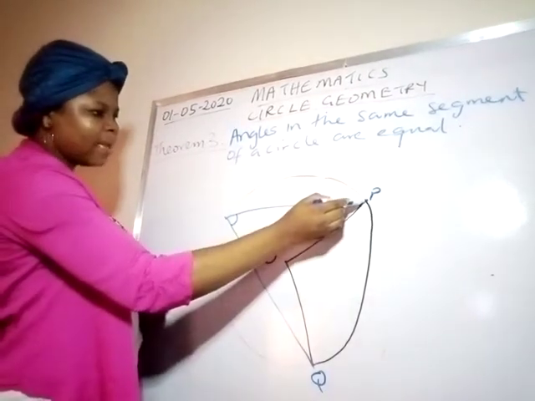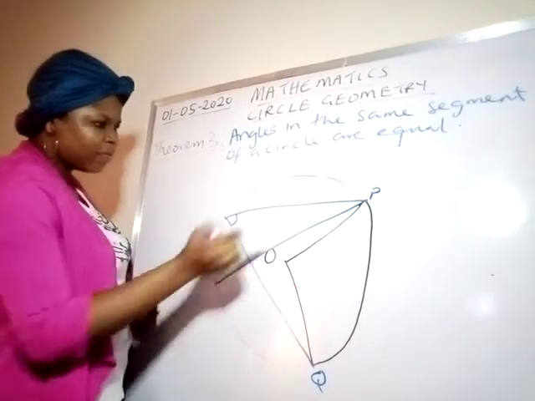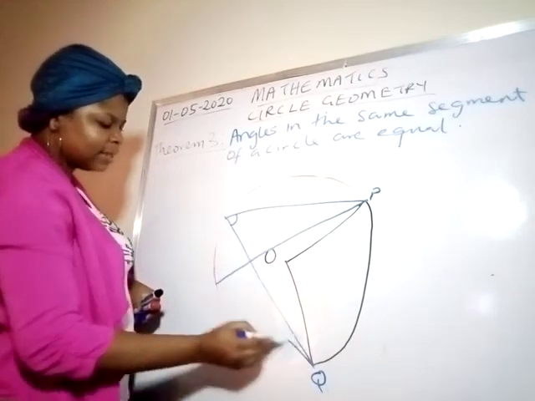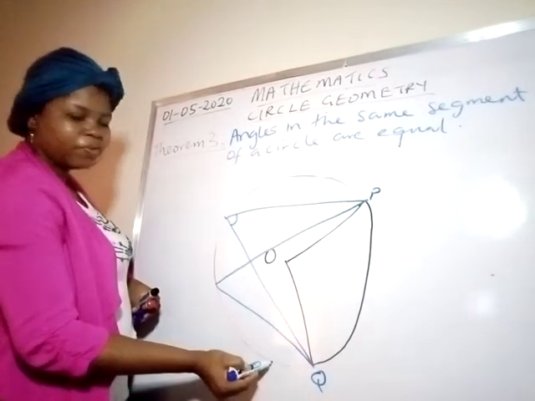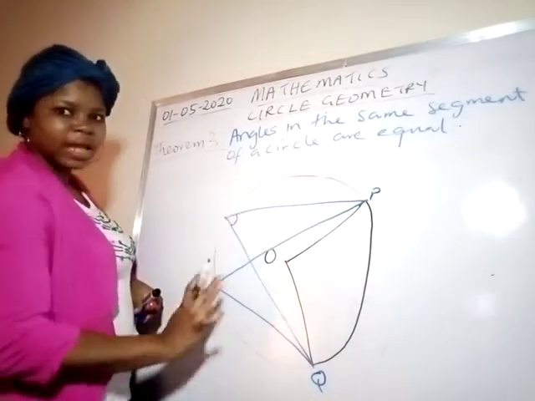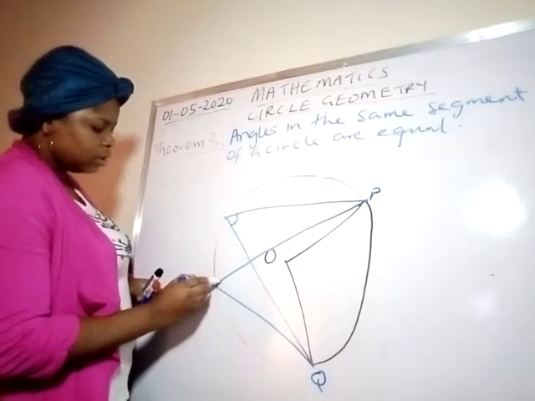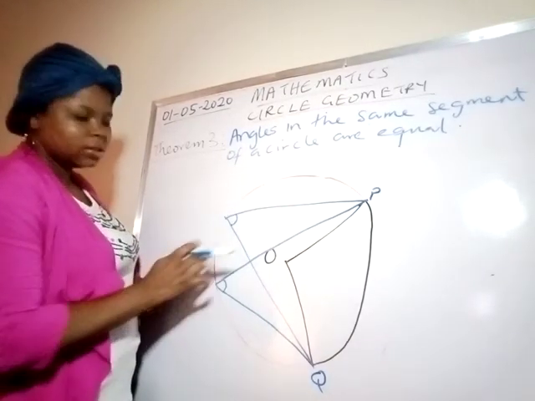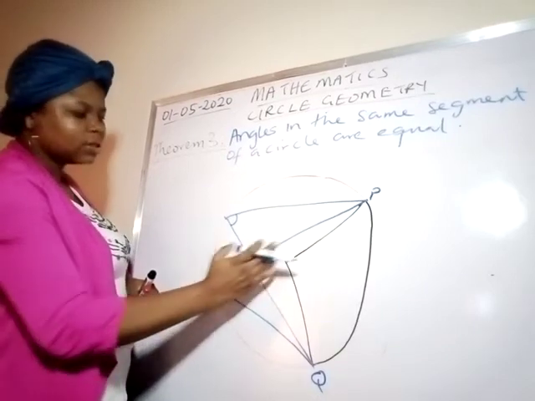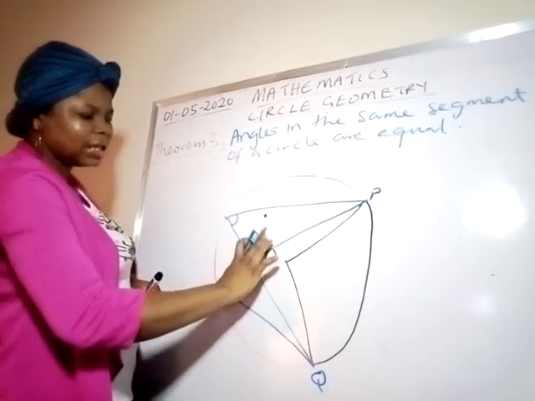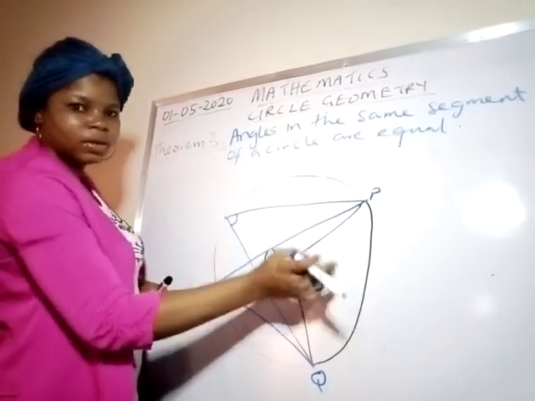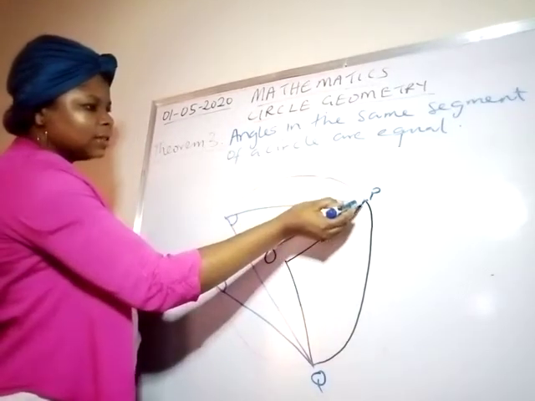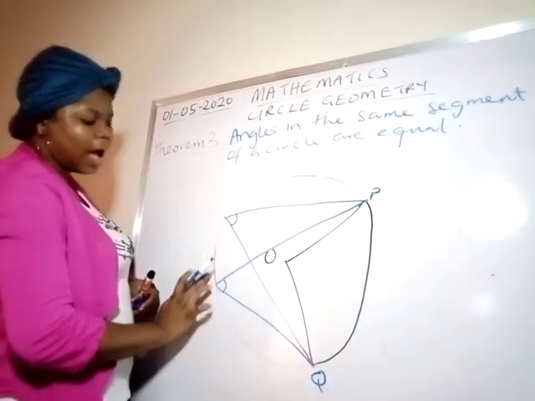Now, from that same arc, always remember, before you can say they are the same, if another line is coming from another place to the circumference, they are not going to be the same. So this angle here, it is what? They are in the same segment, because this part here is a major segment, while this part here is a minor segment. And you can see this one extends to the major arc.